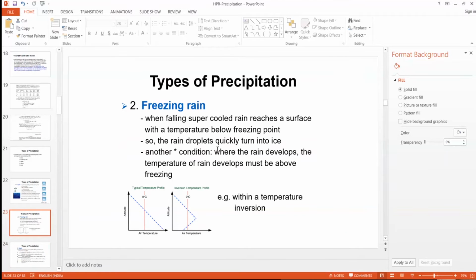Then freezing rain. In the tropical regions, this is the air temperature versus altitude. You can see that temperature is maximum near the surface. Then due to the lapse rate, the temperature decreases as we go to higher altitudes.